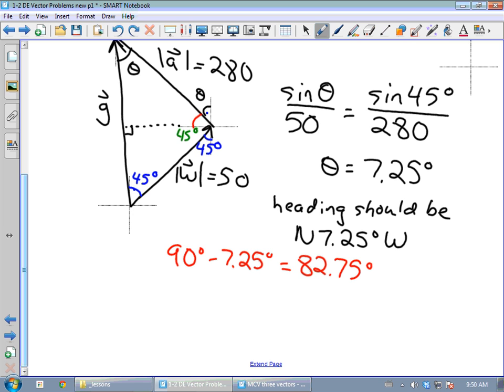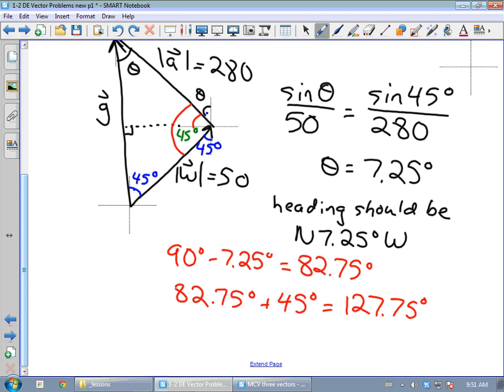And then that whole angle that is opposite side G has got to be 45 degrees plus that 82.75. So that's this whole angle here, if we add those up, we get 127.75 degrees.